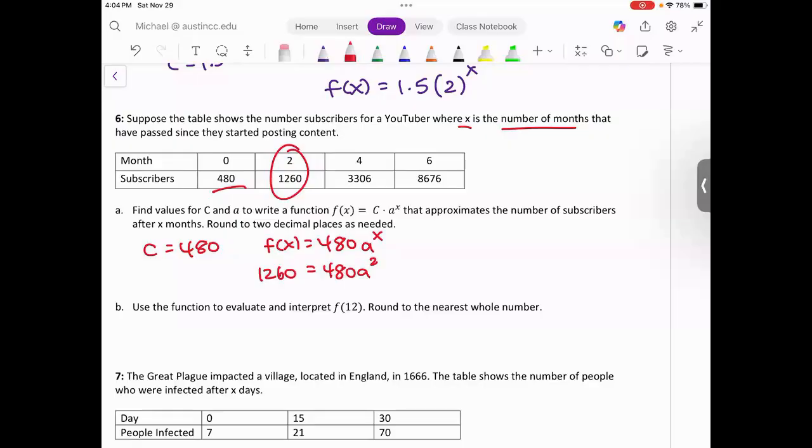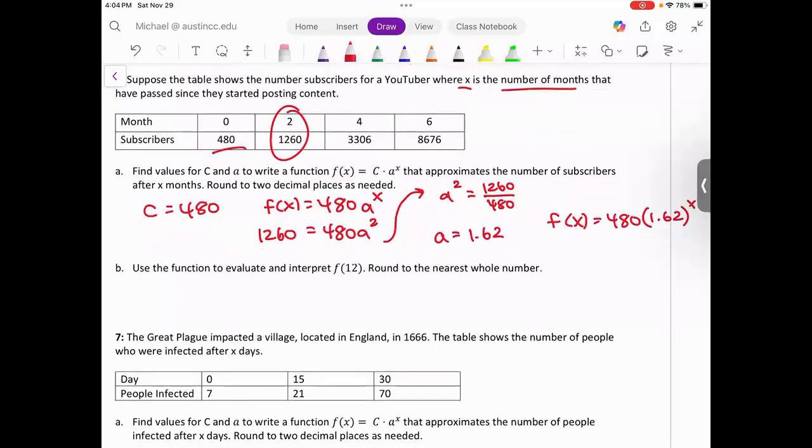If we divide each side by 480, we're going to get a squared is 1260 over 480. We take the square root of each side, we get a is 1.62. All right, so we got our c, we've got our a, we've got our function. f of x equals c times a to the x.